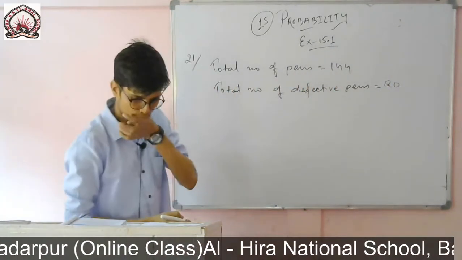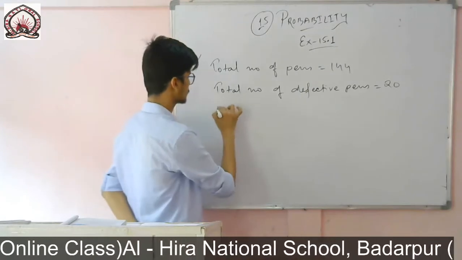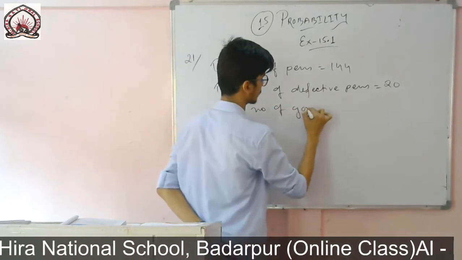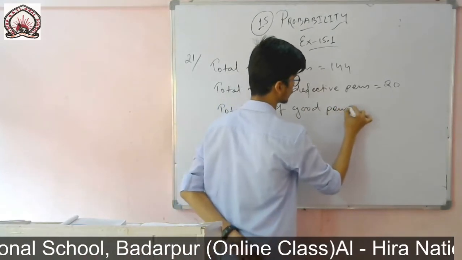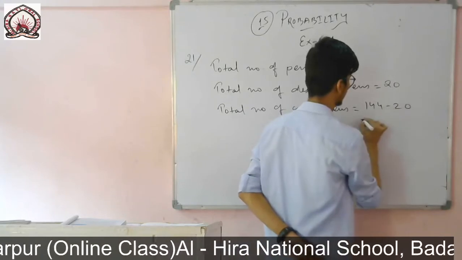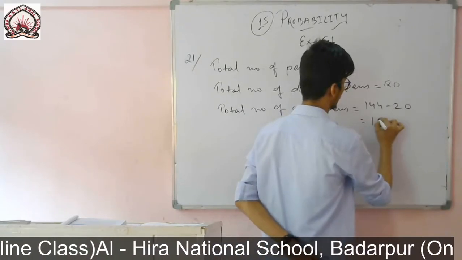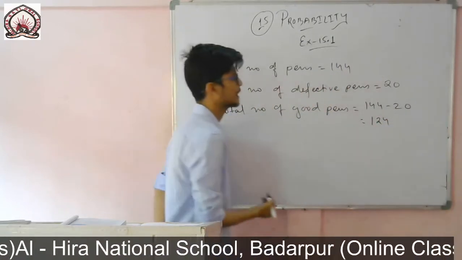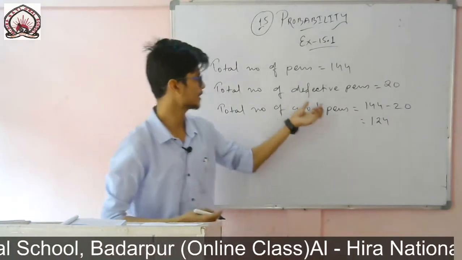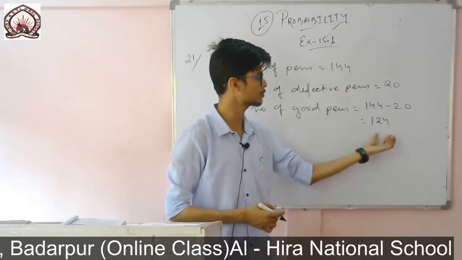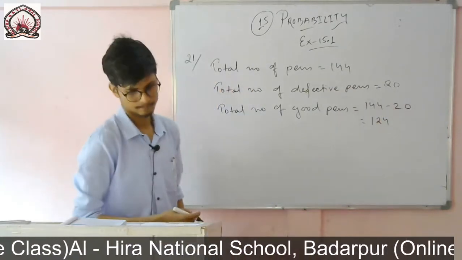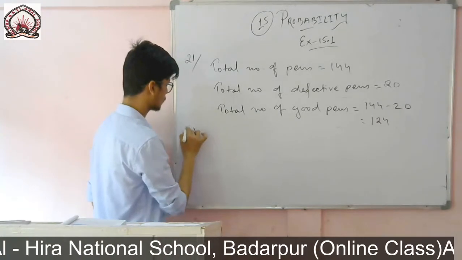That means the total number of good pens will be equal to total minus defective, that means 124. So 124 pens are good and 20 are defective. So now we'll find one by one.